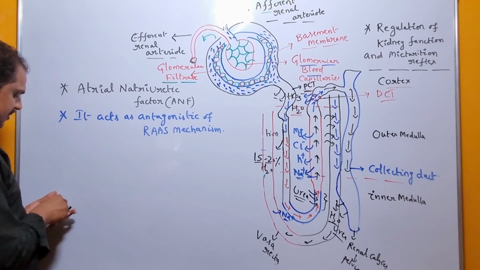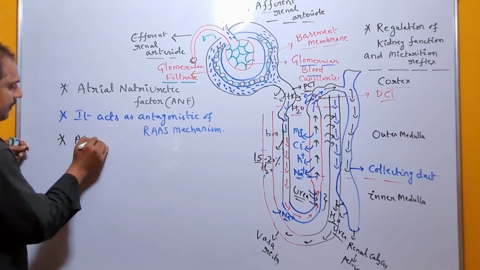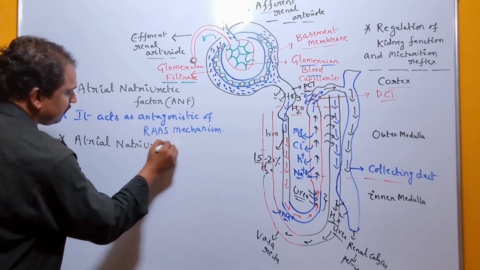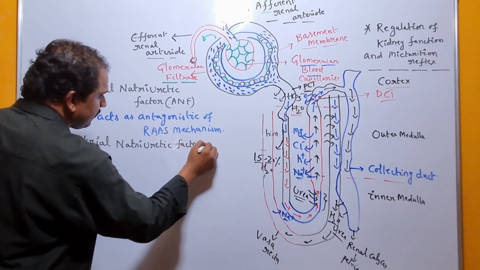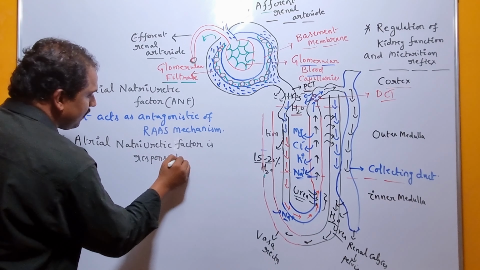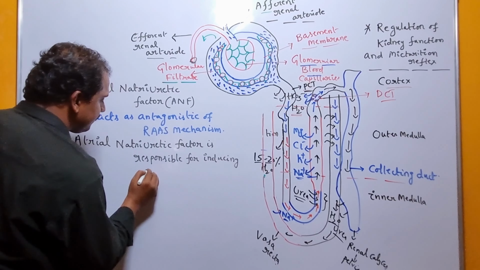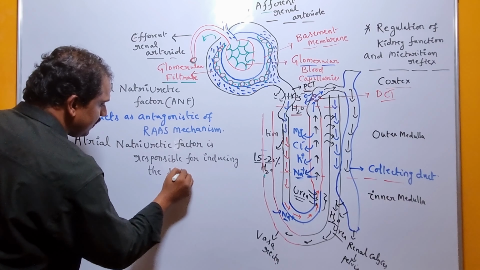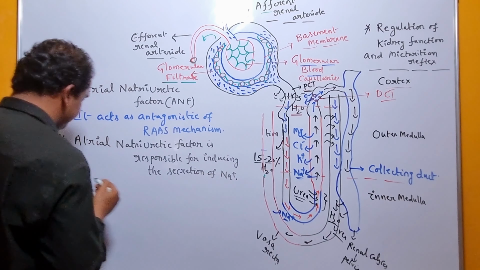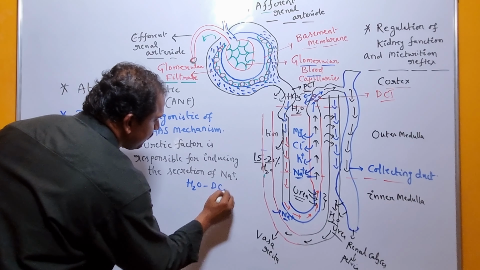So let me write it on the board. Atrial natriuretic factor is responsible for inducing the secretion of sodium as well as water from the distal convoluted tubule.